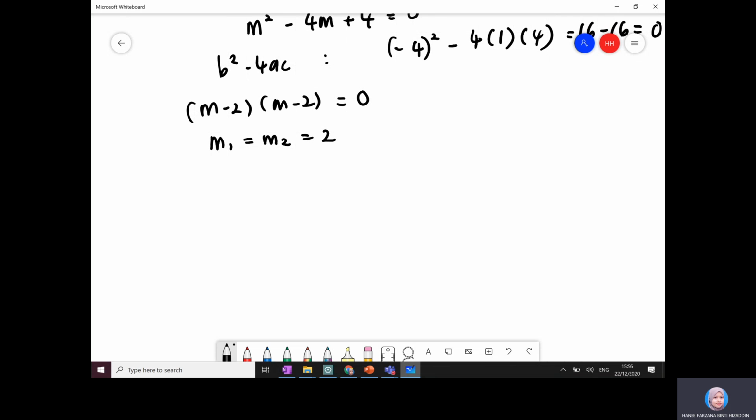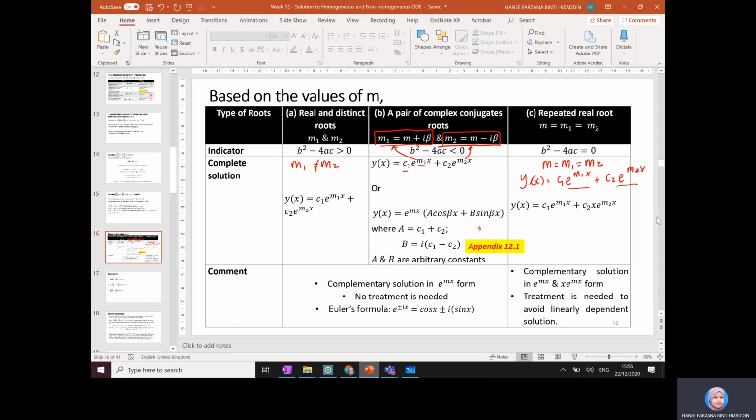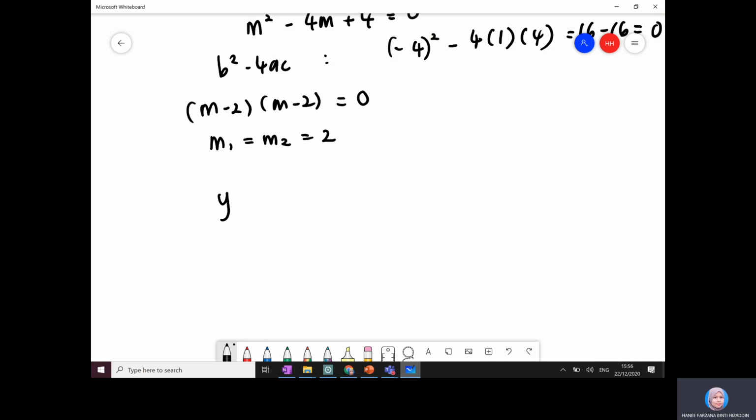So here, when you have this value, you just check this one, right? This is the case where b squared minus 4ac equals 0, so m equals m1, m2. So your y of x must be in this form. So write that down. y of x is c1 e to the m1 x plus c2 x times e to the m2 x.